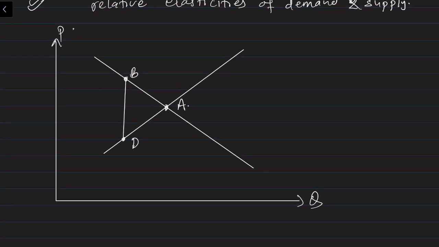Now, let's say I rotate the supply curve. So this is supply, this is demand. I rotate the supply curve in the clockwise direction. So how will the wedge move?